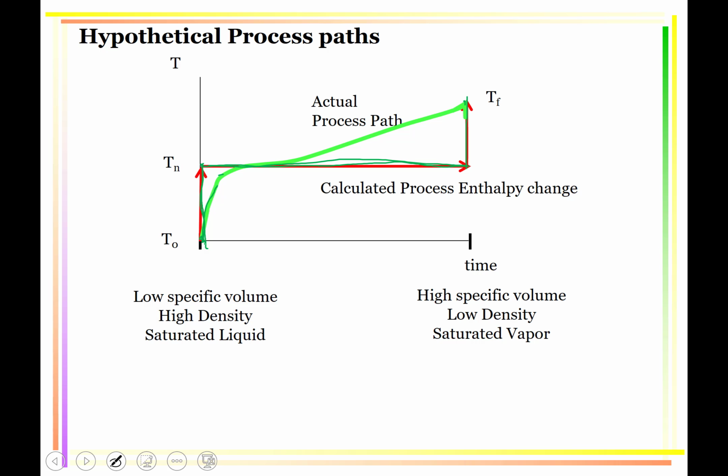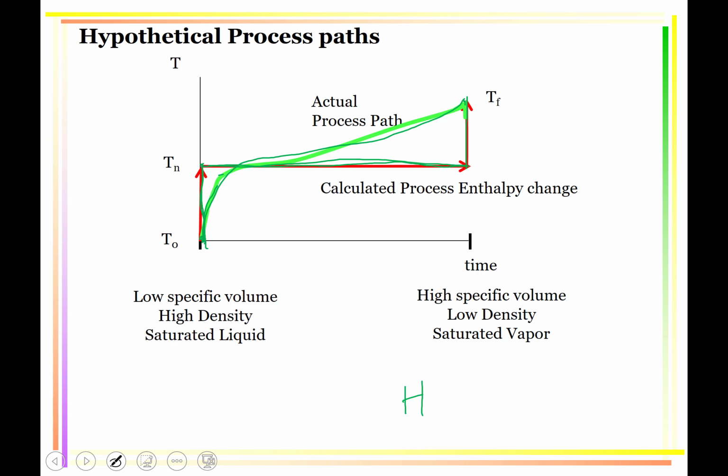The real path may be something skewed, but it's okay because since enthalpy is a state variable, we can reorganize it in a way that is convenient for our calculation.